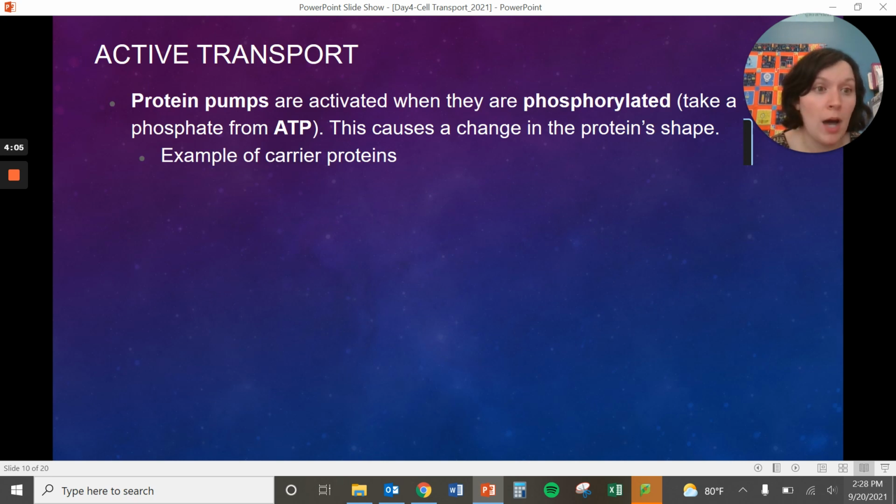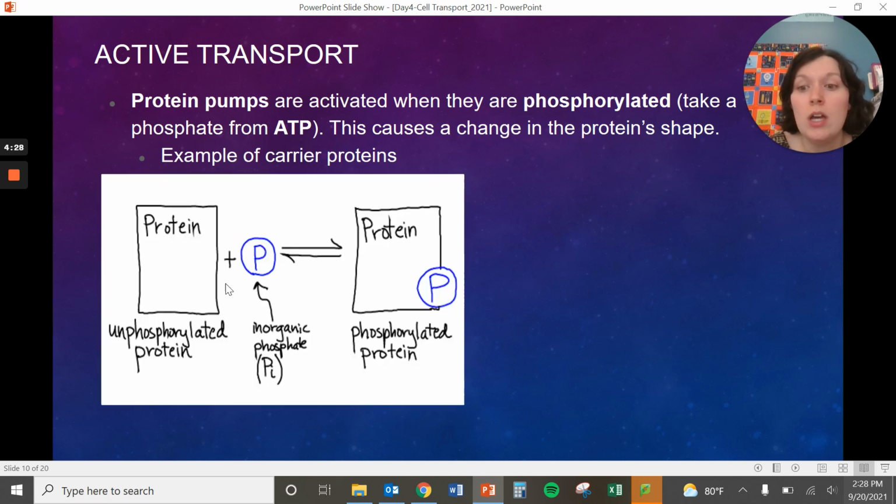Okay, so for active transport, we have some examples. One is a protein pump. Similar idea to our protein channels, but instead of just having a channel or a pathway for molecules to go through, here the protein is actually going to be actively pumping. This happens by phosphorylation, which is adding a phosphate from ATP onto that protein, and it's going to activate our protein pump.